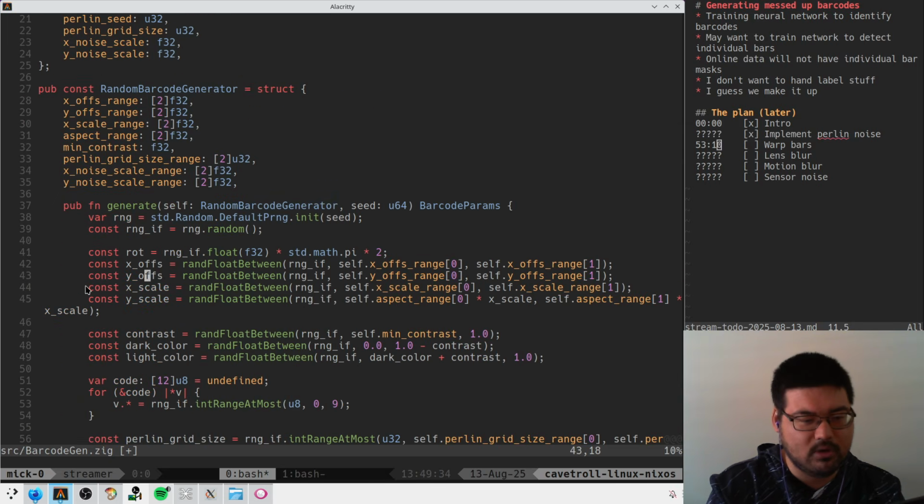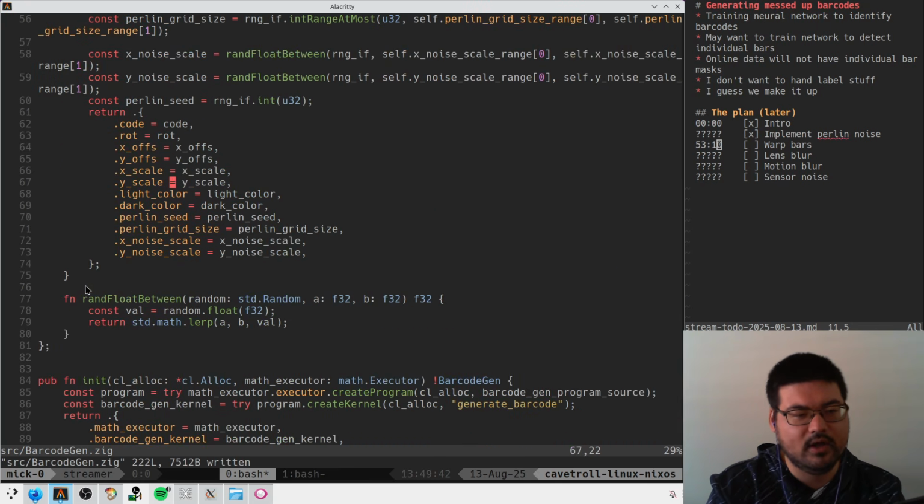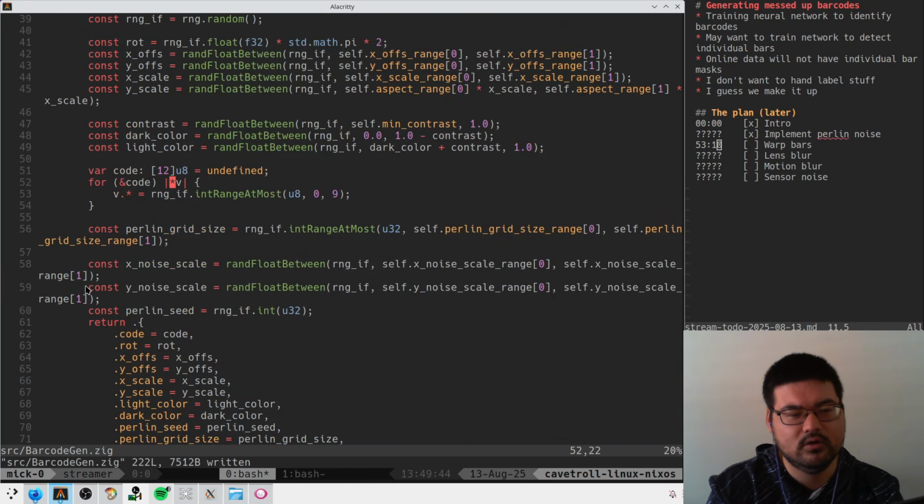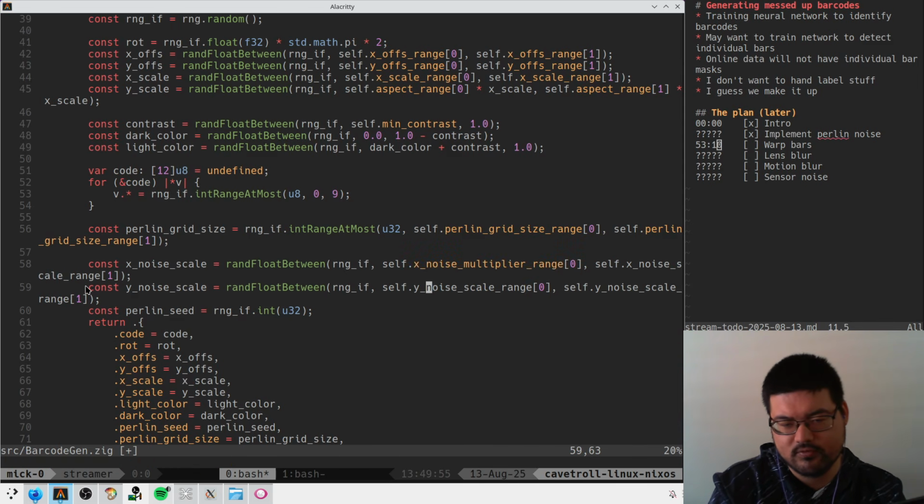Perlin, we want to call this like multiplier range almost. X noise multiplier range. X noise multiplier range here for scale.